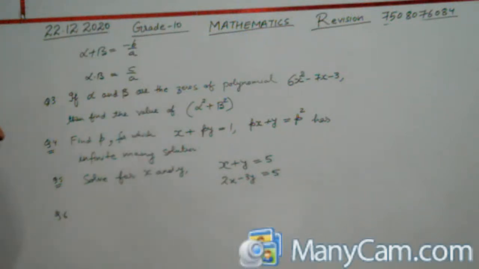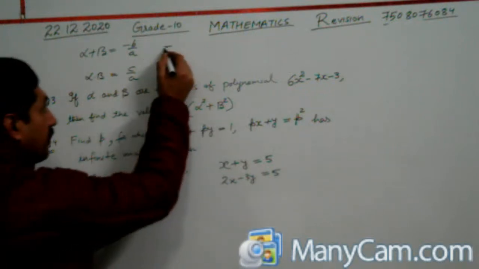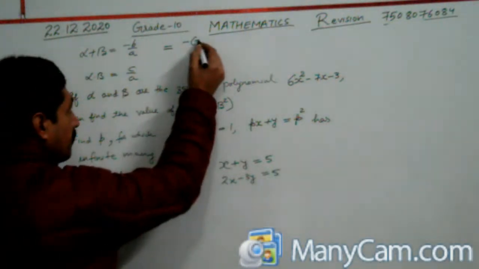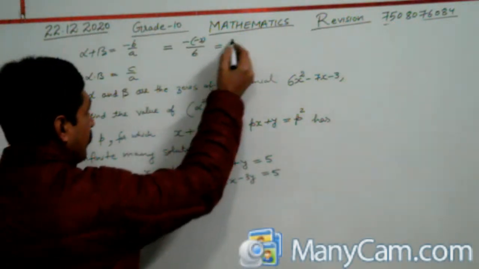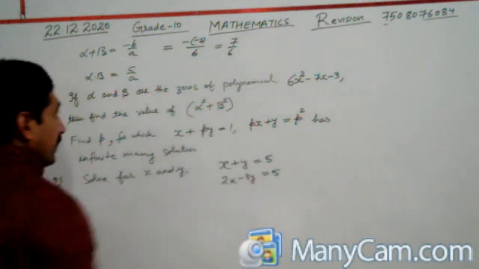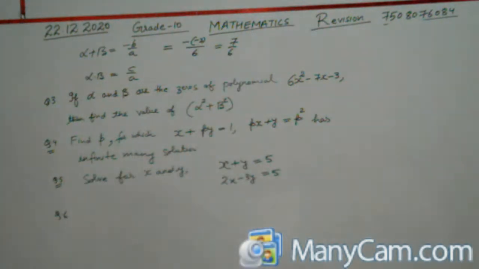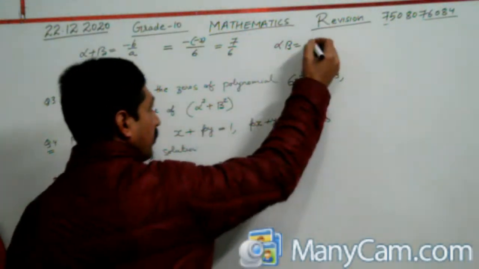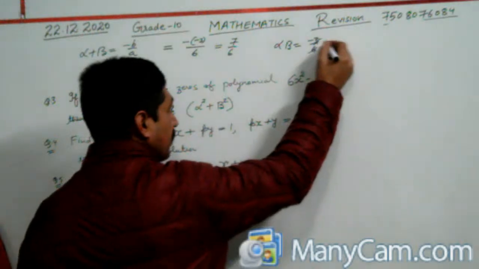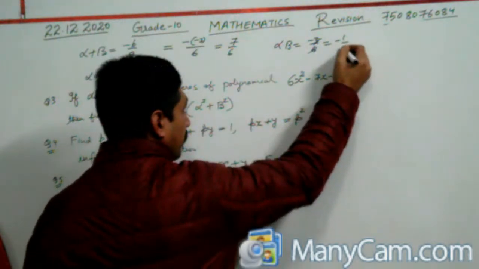So alpha plus beta is minus of minus 7 upon 6, that is 7 upon 6, and alpha into beta is minus 3 upon 6, that is minus 1 by 2, right?